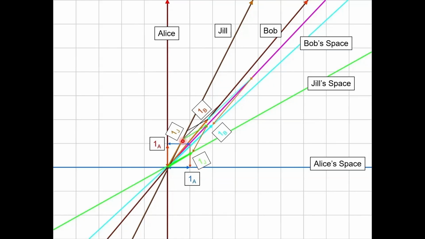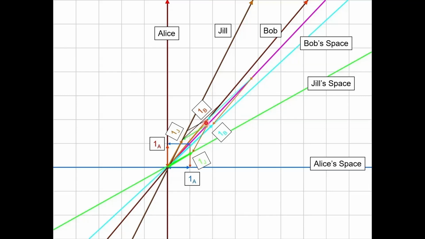And if we go the other way around, this is 1 unit of Jill's time, and we want to see how Bob sees it. So we go in a parallel line to Bob's space, and we hit Bob's world line over here, which means this is the amount of time that passed according to Bob for 1 second of Jill.